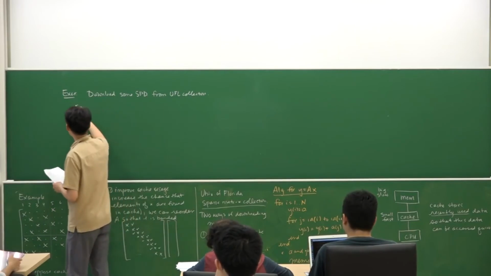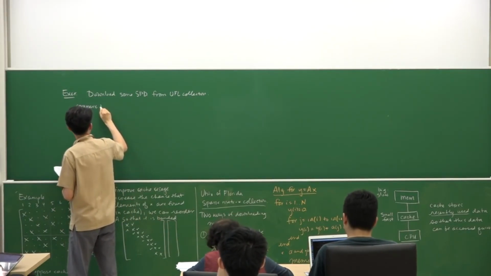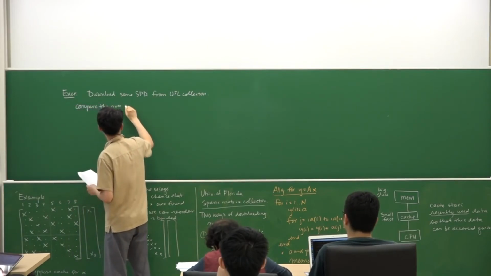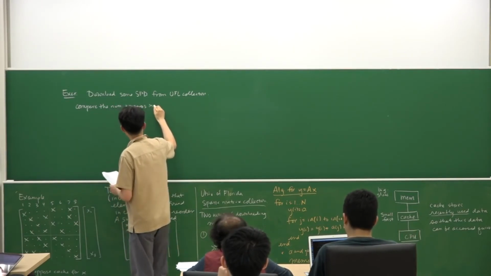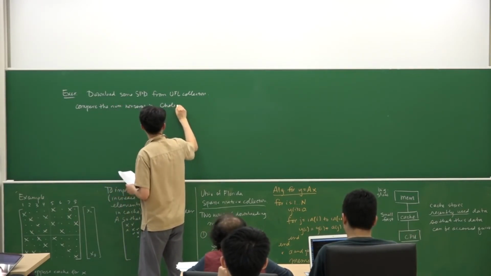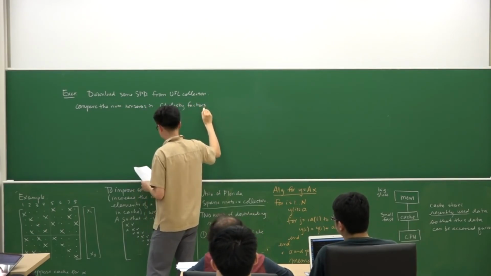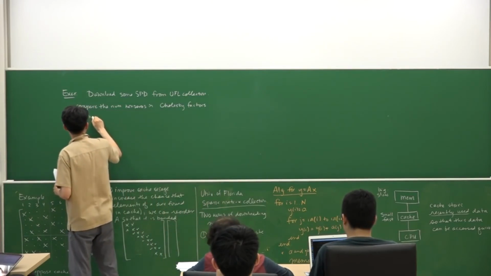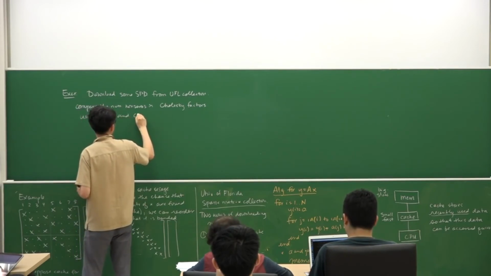And then compare the number of non-zeros, which you've kind of done already, in the Cholesky factors, using two different orderings, using RCM and Cuthill-McKee ordering.